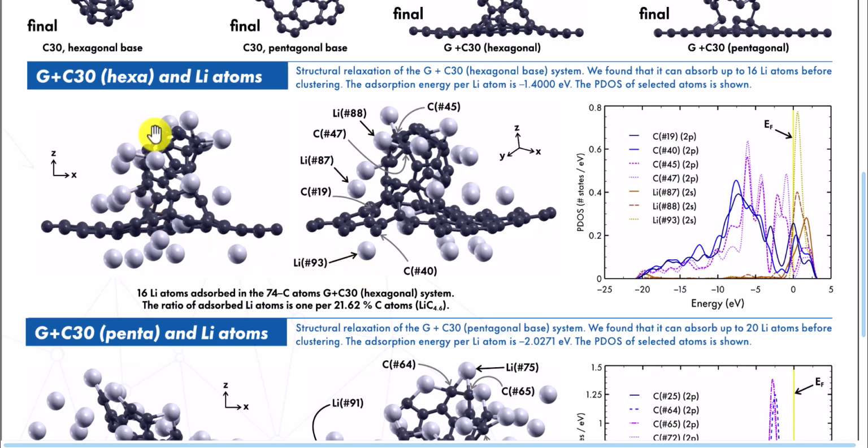So in the case of the first structure with the hexagonal base fullerene, we observed that the system can absorb up to 16 lithium atoms before clustering, and the absorption energy per lithium atom is minus 1.4 electron volts. And here we present the density of states plot for only some selected atoms, as you can see here.